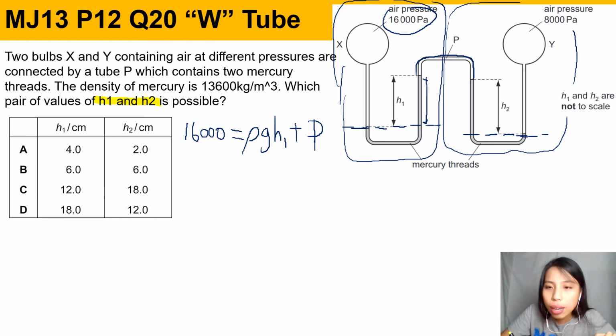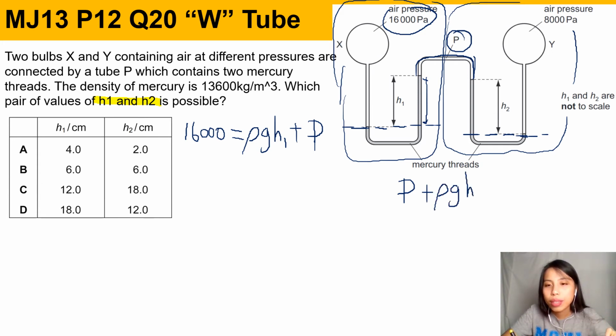So what's pressing down on this second U tube? First, there's the pressure P in the middle, then there's a column of mercury, so P plus rho g H2 equals, on the right side, the air pressure of 8,000 Pascal. That's it.